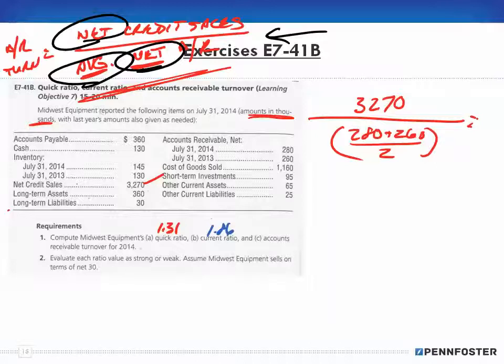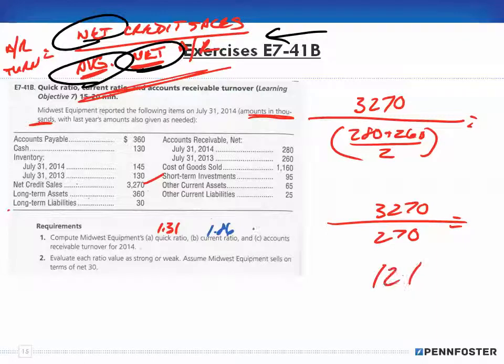So I have 280 plus 260 divided by 2 is 270 over 3,720. And so 3,720 divided by 270 gives me 12.1. So I turn it over 12.1 times a year, right?